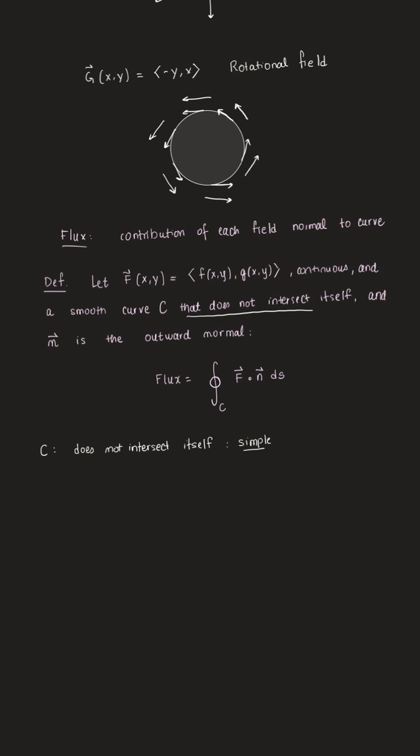For example, a curve like this that's parametrized in some direction is simple, but a curve like this is not simple. The reason for picking a simple curve is that if a curve has many intersections with itself, then in various places it's very difficult to know what the outward normal is. So one of our premises is that we're dealing with simple curves.